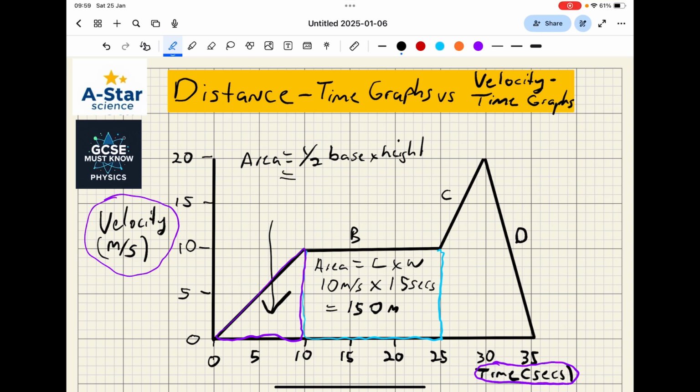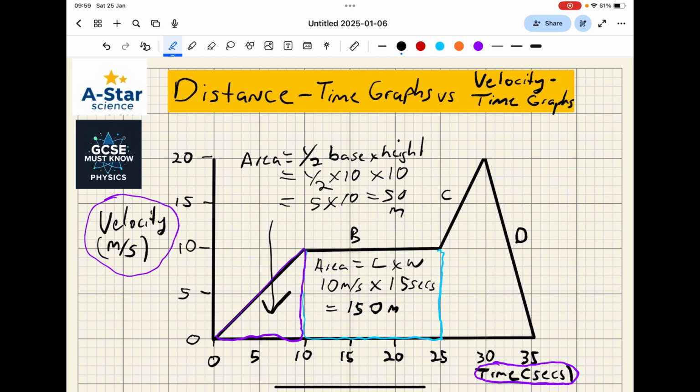So it's going to be half times 10, which is the base, times the height, which is 10 as well, which is going to be 5 times 10, equaling 50 meters.